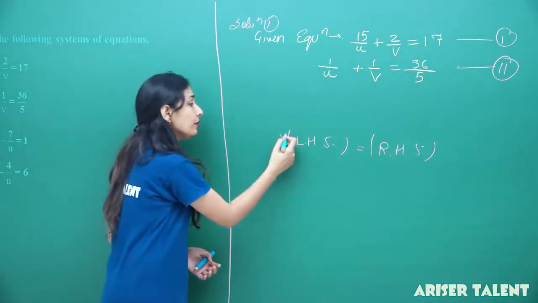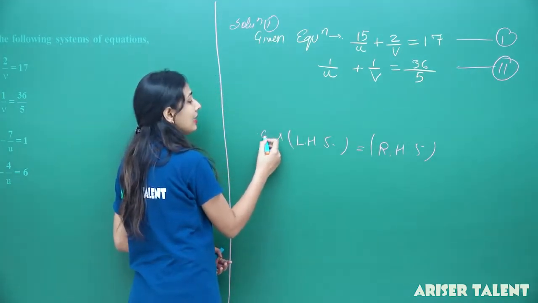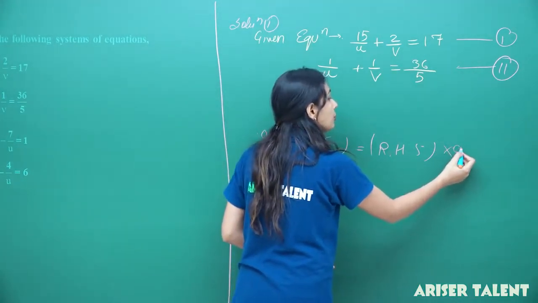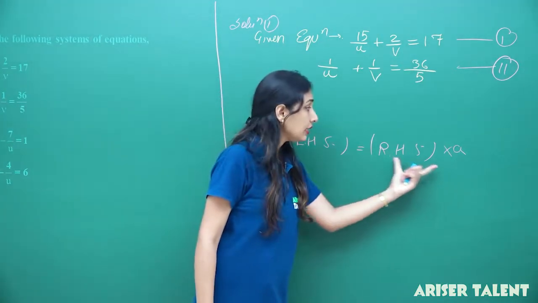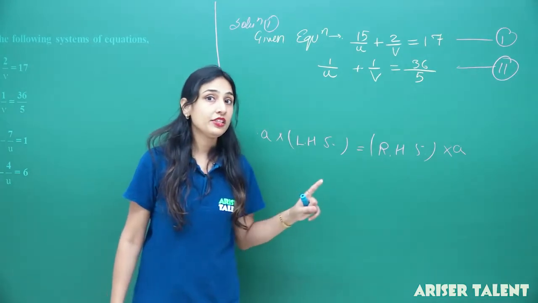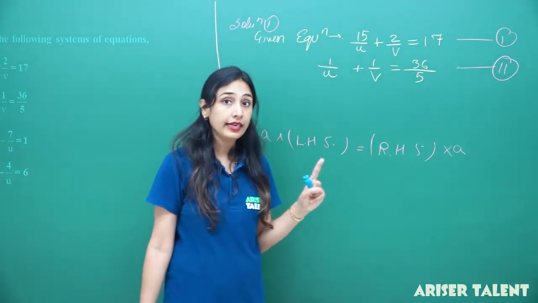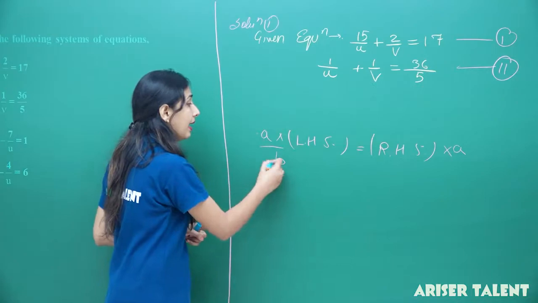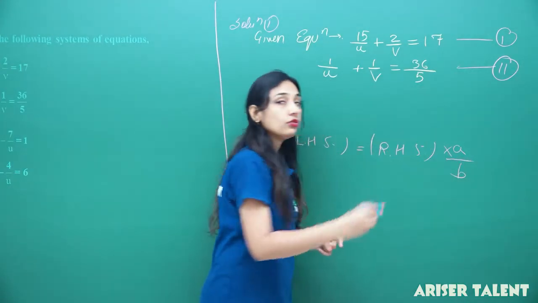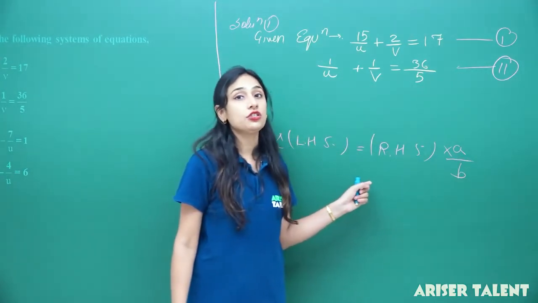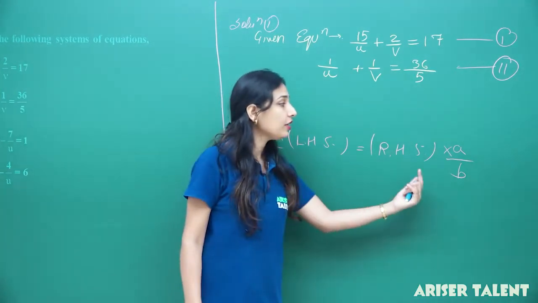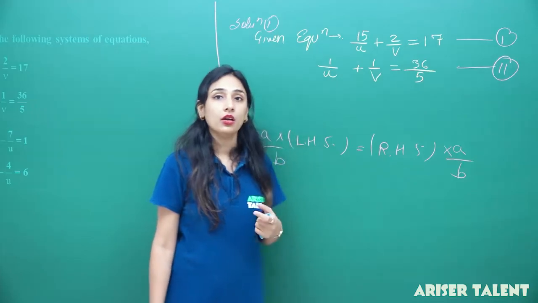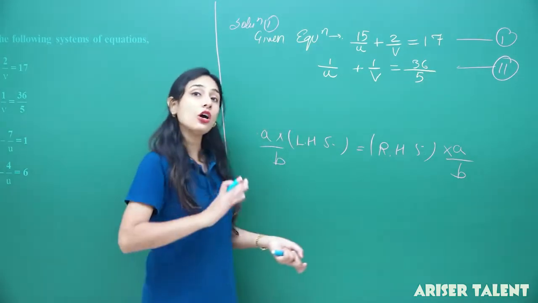Now I am going to multiply both sides by something, let's suppose A. So the equation will not change. If I multiply or divide it by any constant value, the equation will remain the same. This will be equal to this part. Students, so we have talked about it.